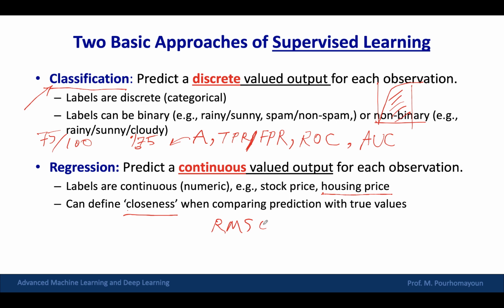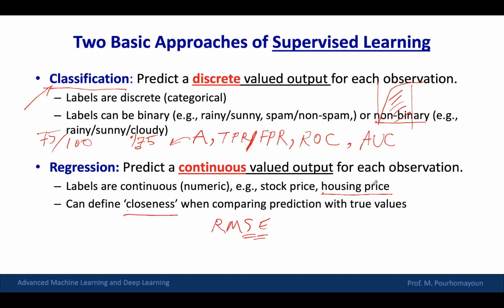RMSE, root mean square error. In fact, this is the error, the differences for predicting the value of each house. We square them to make them positive, because sometimes you make a positive error, sometimes a negative error; sometimes you predict higher than the actual value, sometimes less.